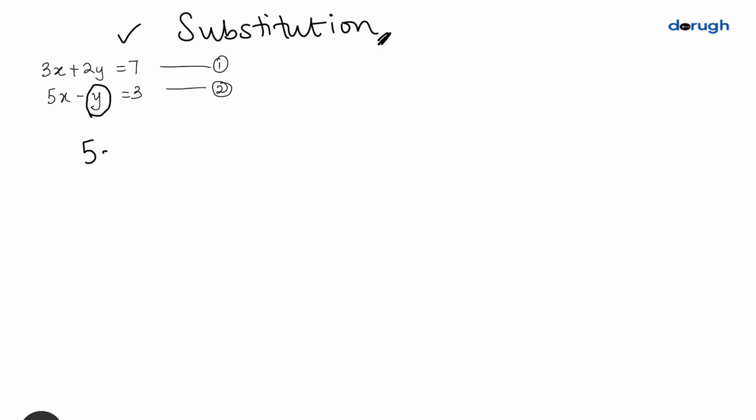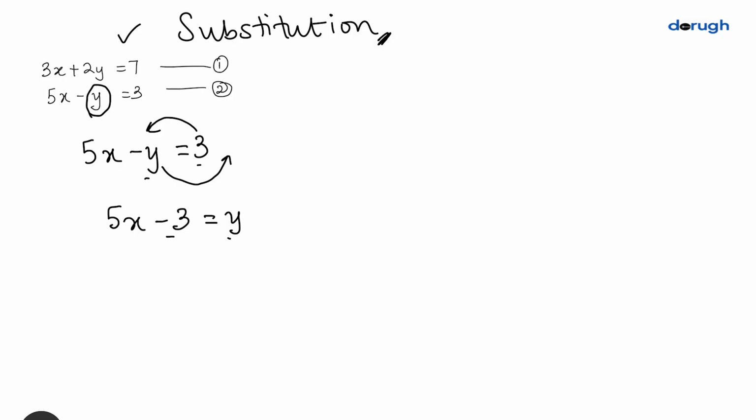If we have 5x minus y equals 3, then if we take y to this side and bring the 3 to the other side, we will have 5x minus 3 equals y. Don't forget that when you cross the equal sign, the sign changes. This was a negative y before, so now it's a positive y, and this was a positive 3, now it's a negative 3.